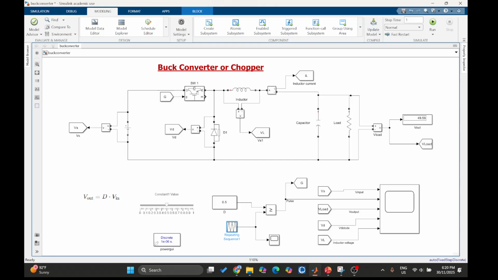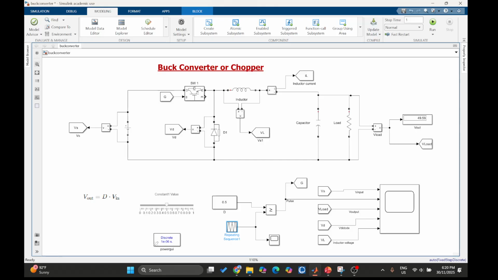Now, how does a buck converter actually work? Here's a clean practical explanation. A buck converter uses two main states, one when switched on and one when switched off. And as I said, the inductor is the key player here.